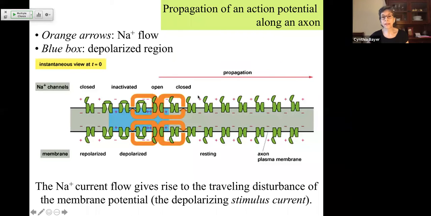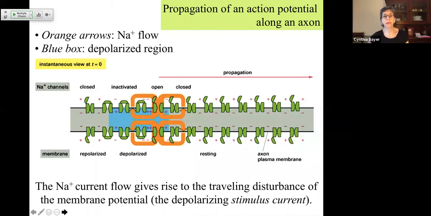And the next sodium ion channel that is closed at this point will be opened, because the opening of this channel will depolarize the membrane, which will result in the next sodium ion channel, which is currently closed, a millisecond later, being open.